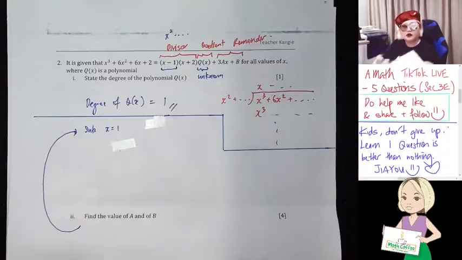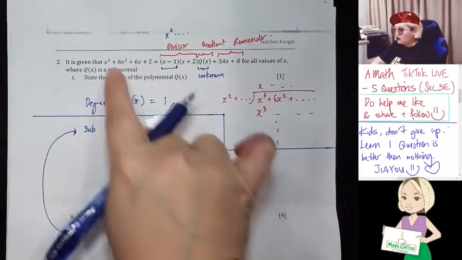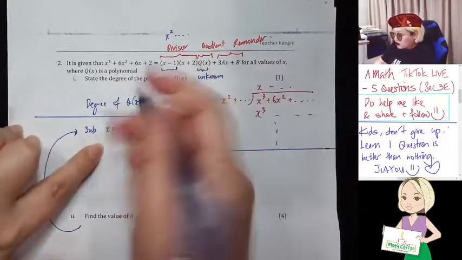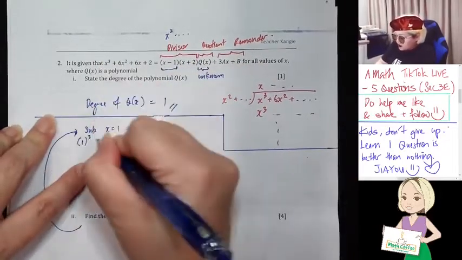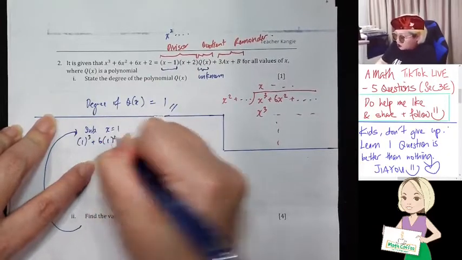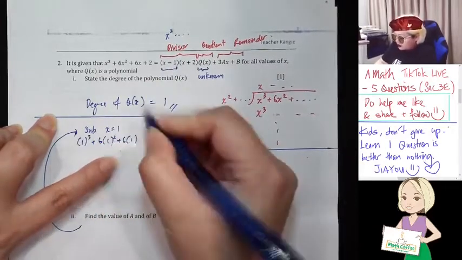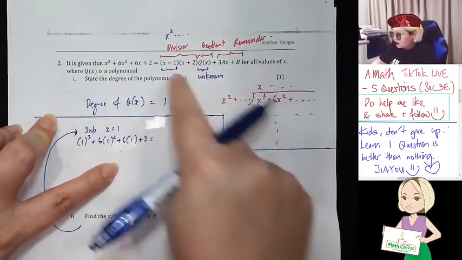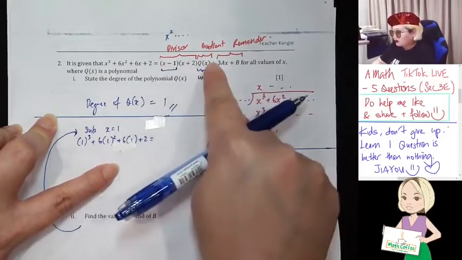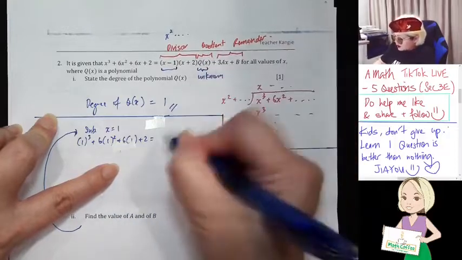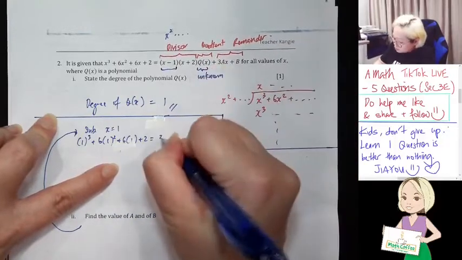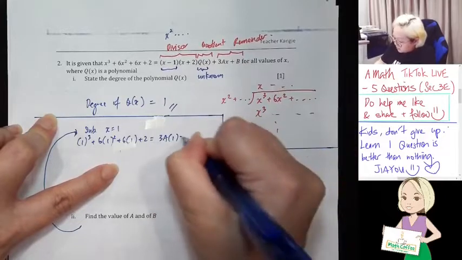Okay? So when I sub in x equals 1, always refer to the question so that you will sub in correctly. See, x cubed, so I'll put 1 cubed plus 6 times 1 squared plus 6 times 1 plus 2 equals, I don't have to write this whole thing because this whole thing becomes 0 already. Plus 3ax, so that means I will have 3a plus b.